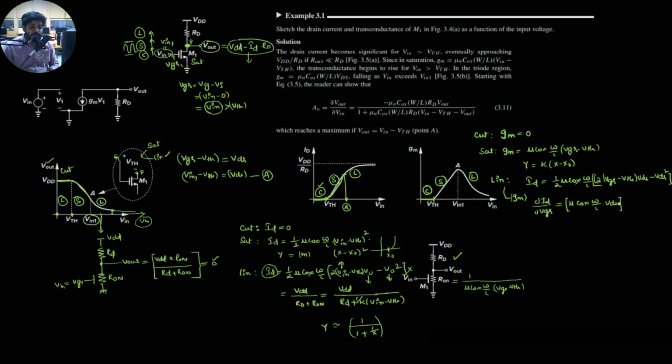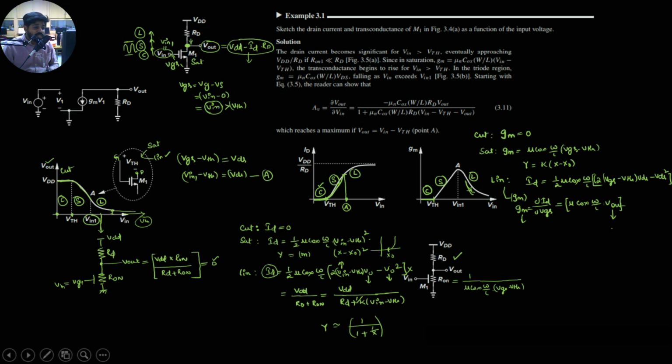VDS is nothing but V output, so let me replace it here. As GM depends on V output, and as V input increases, V output is reduced, GM will also be reduced. As V input increases, GM decreases, so you get a decreasing graph with respect to the increase of V in.